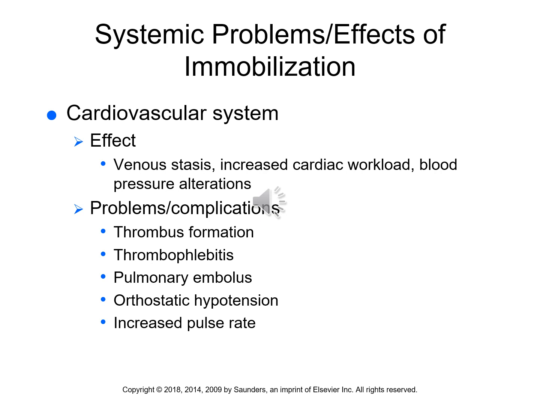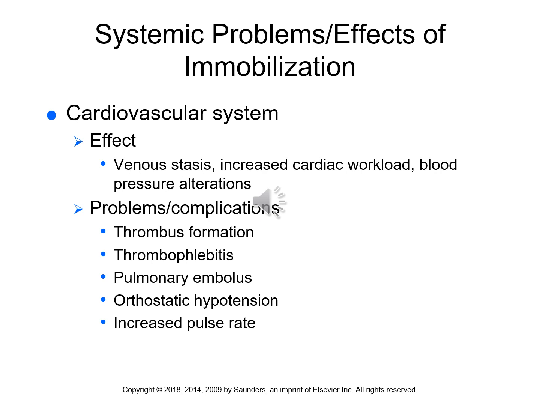So some nursing interventions that you can do to try to prevent these cardiac problems or cardiovascular problems. If they're in the bed but able to move themselves, they can do active range of motion. If they can't move at all, then you can do passive range of motion with them.